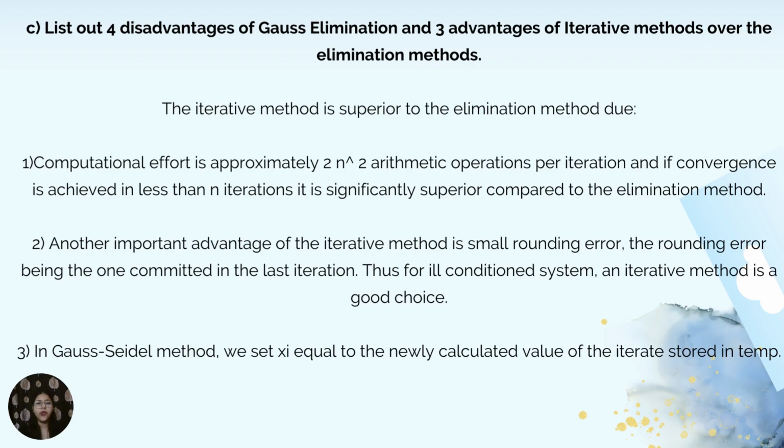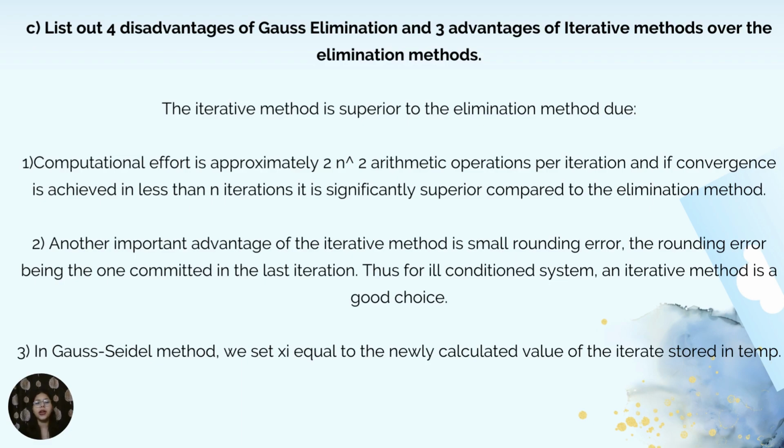Part C, list out 4 disadvantages of Gauss elimination and 3 advantages of iterative methods over elimination methods. The iterative method is superior to the elimination method. We'll see the advantages of iterative methods over the elimination method. First, computational effort is approximately 2n square arithmetic operations per iteration, and if convergence is achieved in less than n iterations, it is significantly superior compared to the elimination method.